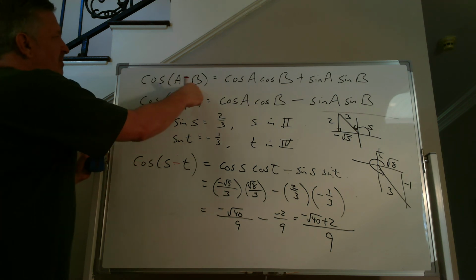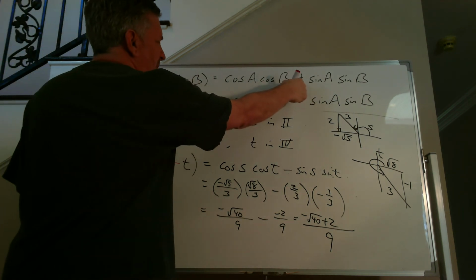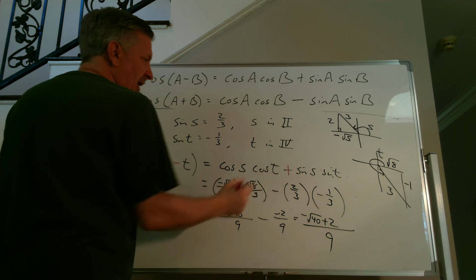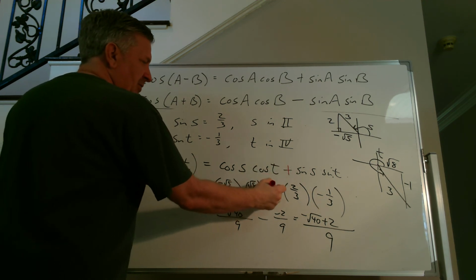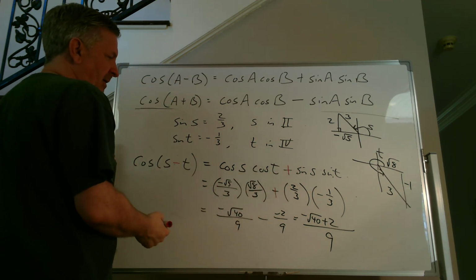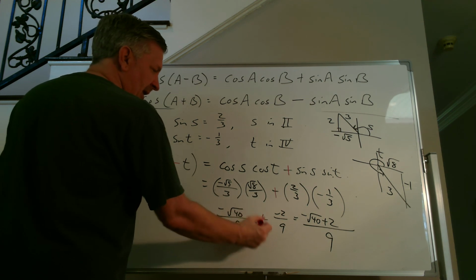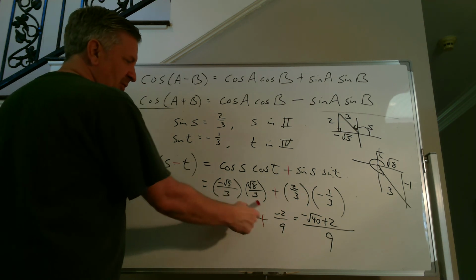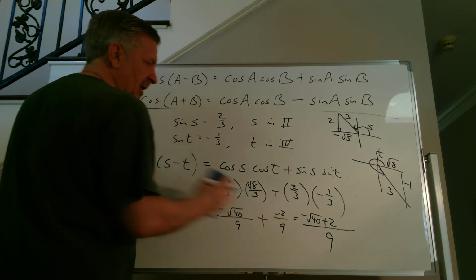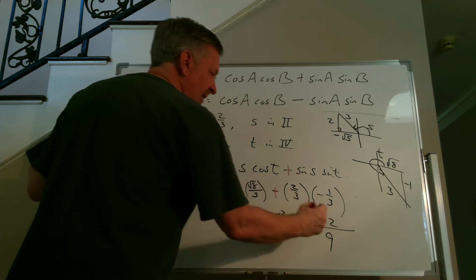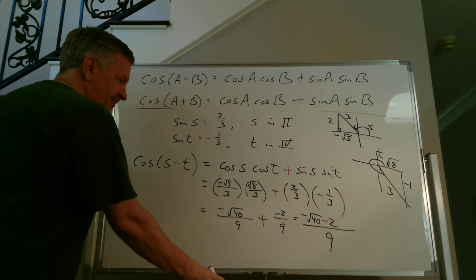Well, for cosine of S minus T, there's going to be a plus here. So that minus turns into a plus, which means this minus turns into a plus, which means this minus turns into a plus, and then you have minus root 40 plus negative 2, and then that turns into a minus. So that's the only difference.